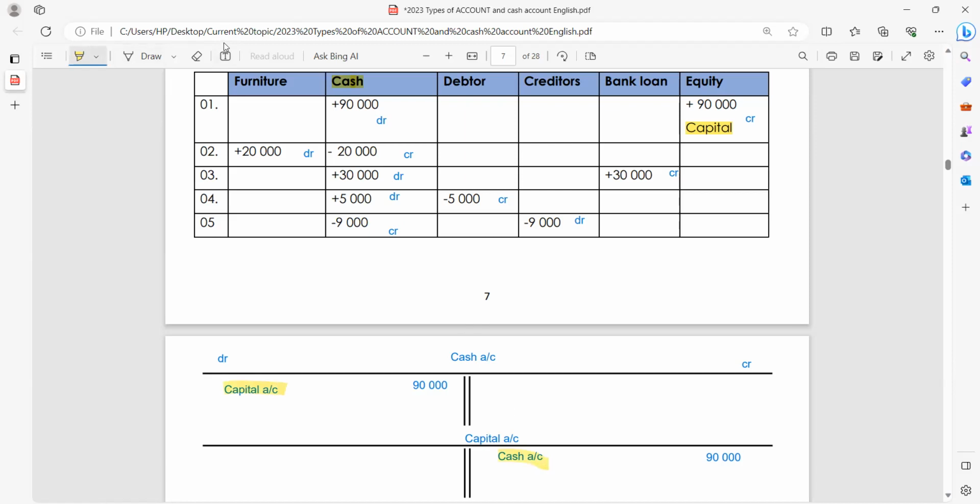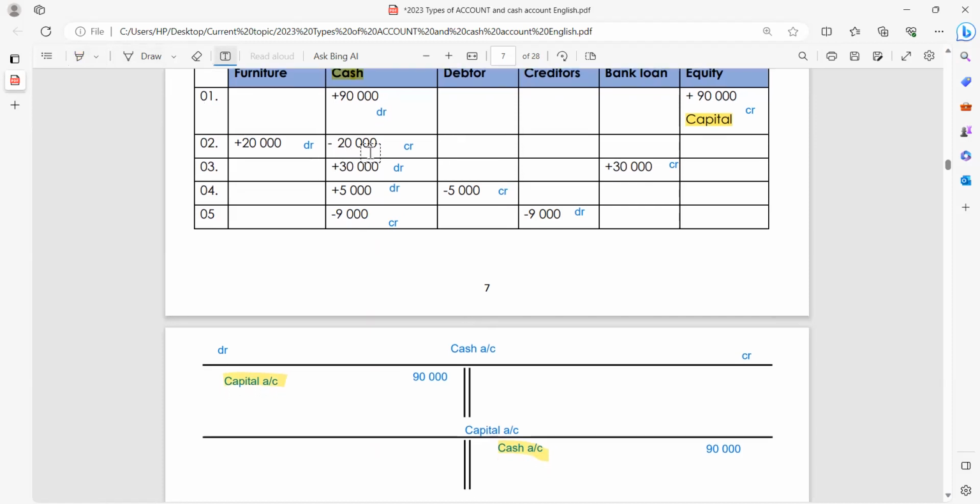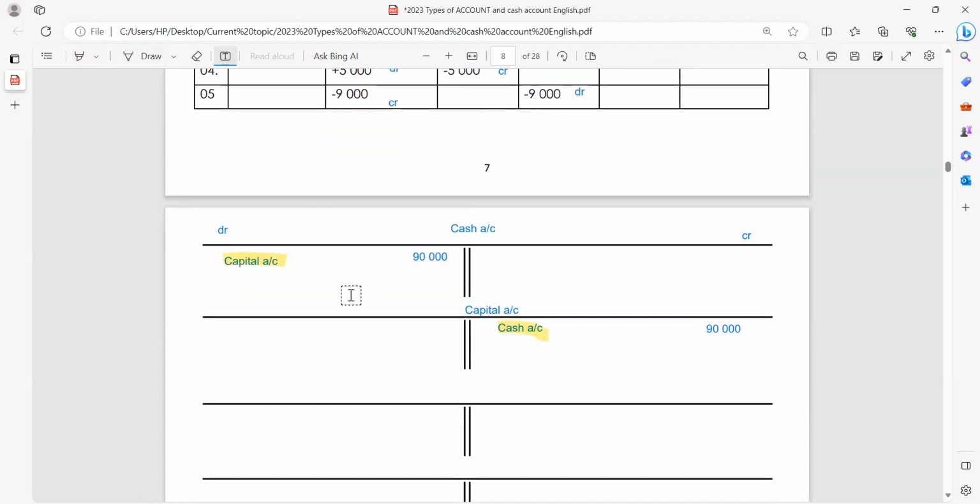We'll take one more example. Second one: cash account credit, furniture account debit. So we need two accounts, furniture account and cash account. We know in any account, this side is debit, this side is credit.